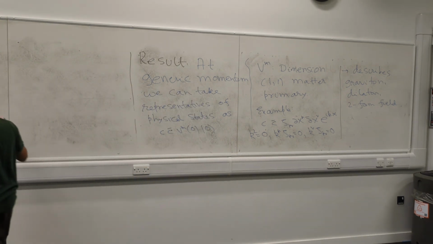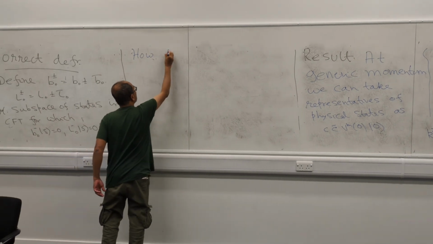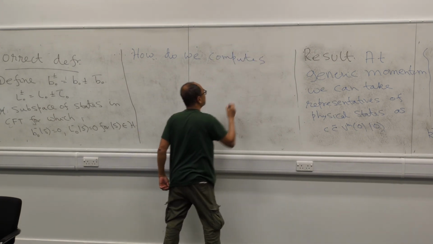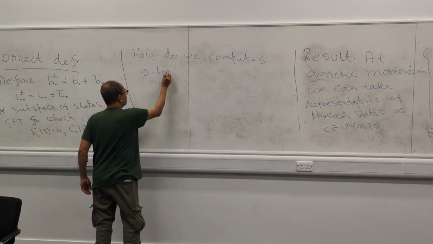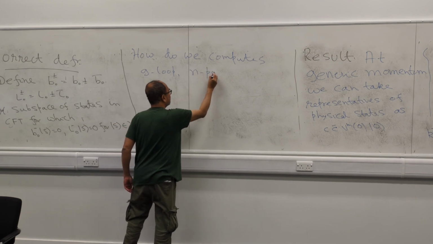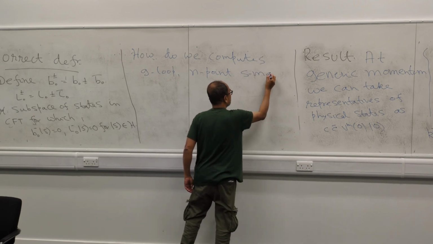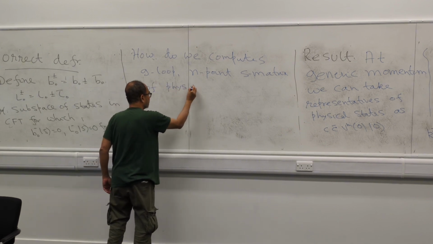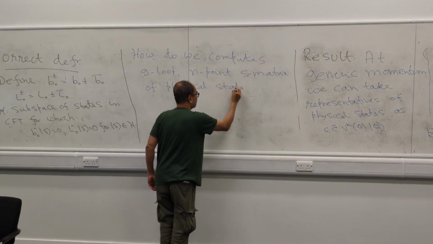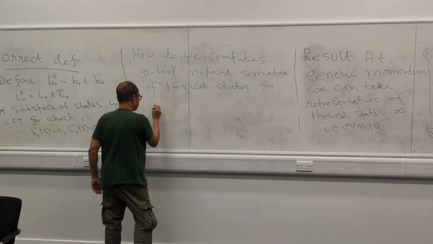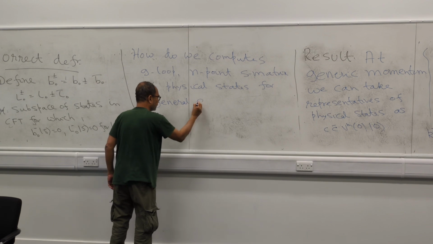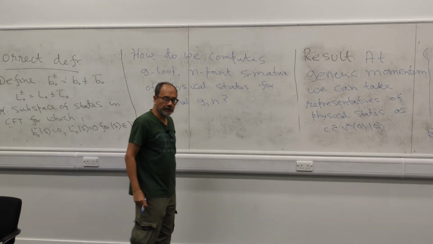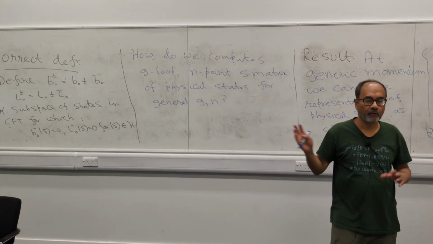And that is how do we compute the G loop n point S matrix of physical states for general G and N. So next time I'll describe the procedure for bosonic string, and then from the third lecture onwards I'll move on to fermionic strings.